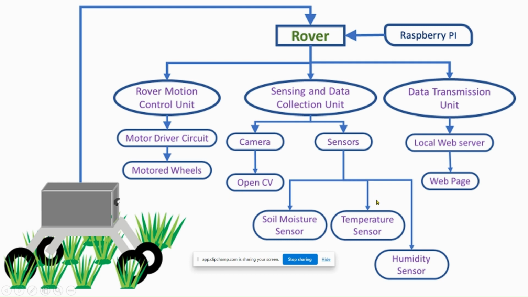The sensors are two types, a temperature and humidity sensor, the DHT11 sensor, and a soil moisture sensor to record the soil moisture content. Thirdly, the data transmission unit consists of a local web server and a web page, running in the background of the robot.